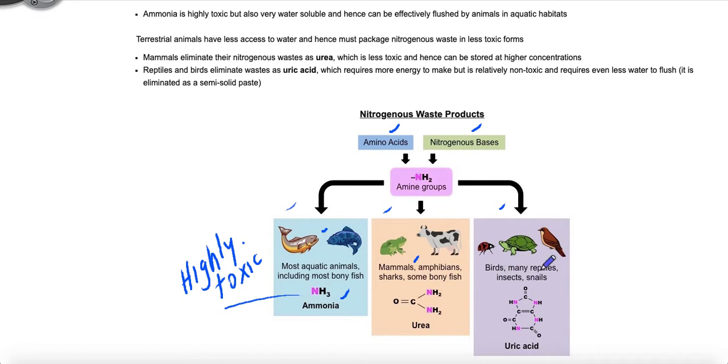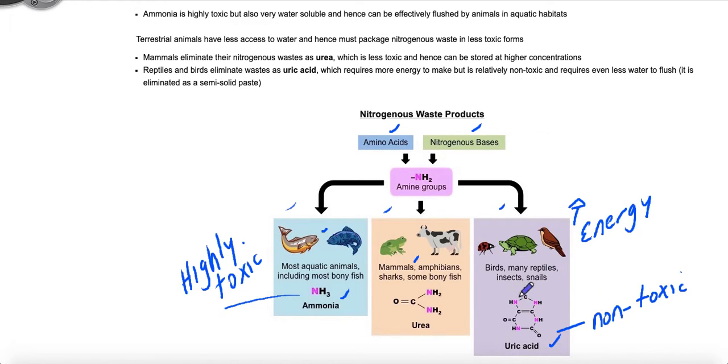And we see that birds, reptiles, insects, and snails eliminate their nitrogen waste products in the form of uric acid. Now this is going to require more energy to do so, but this is okay for them because uric acid is non-toxic or relatively non-toxic. So this is kind of like a trade-off, right?